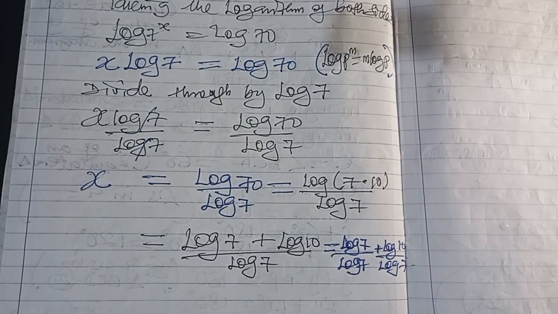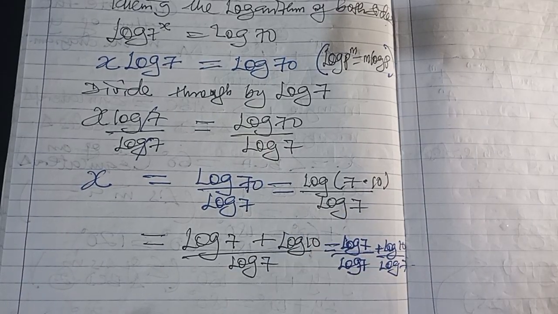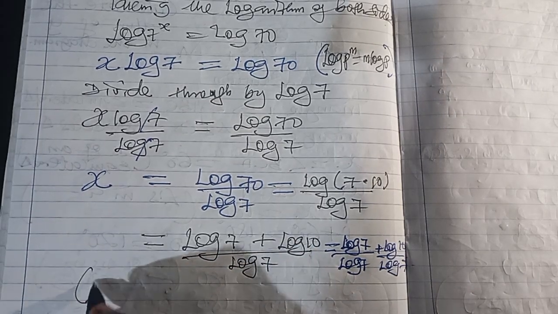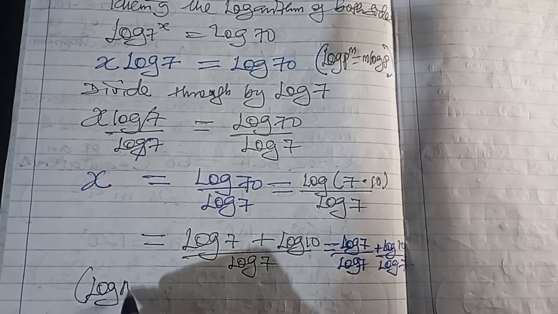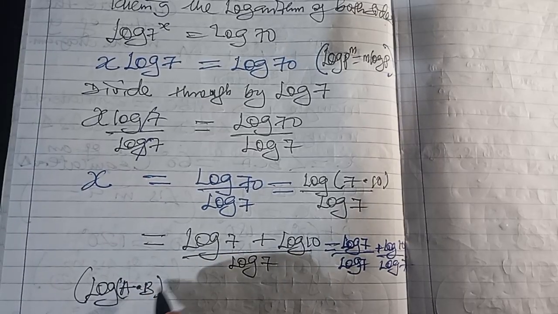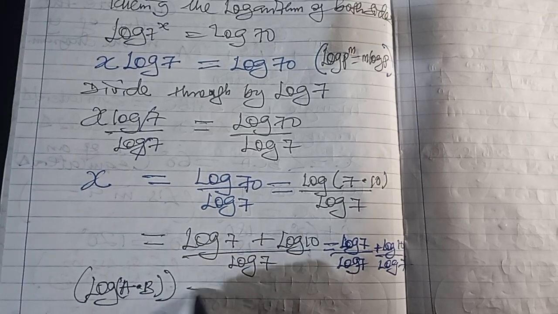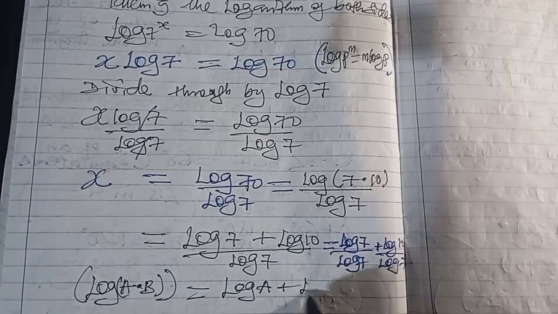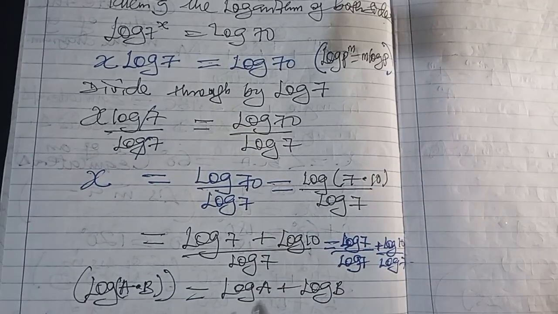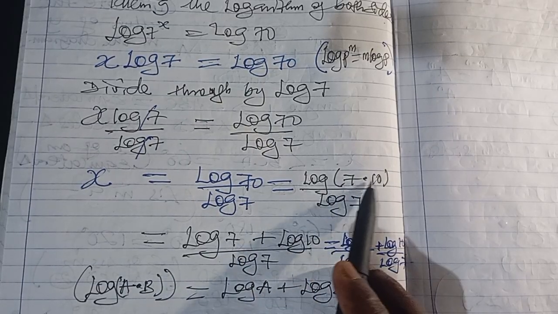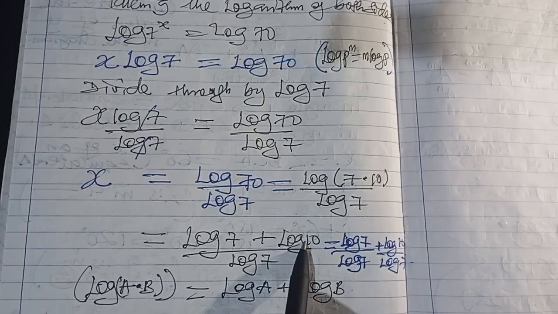Remember, this rule here is from when you have log A multiplied by B with the same base, it will give you log A plus log B. I apply this rule with respect to this log 7 multiplied by 10 to have log 7 plus log 10.